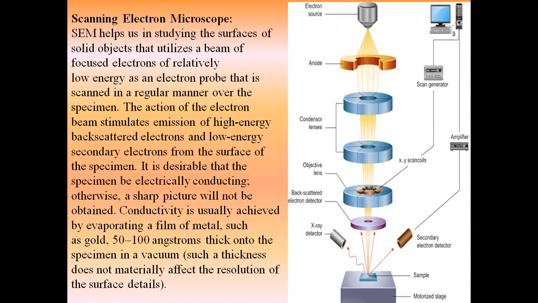Then there may be a possibility that some of the electrons do not enter but are reflected back. That kind of electron is called a back scattered electron, and those are detected by your back scattered electron detector.